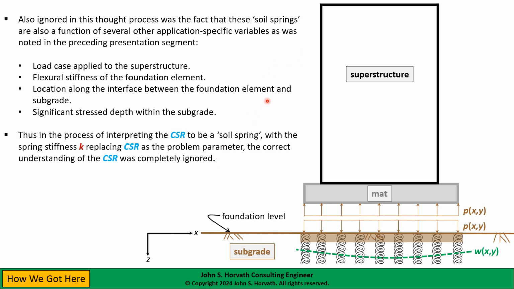So the point I'm getting at here is that in interpreting the coefficient of subgrade reaction, which again is a calculated result or the ratio of calculated results, as an independent soil spring with stiffness k, we've completely lost and ignored the correct understanding of what the coefficient of subgrade reaction is.